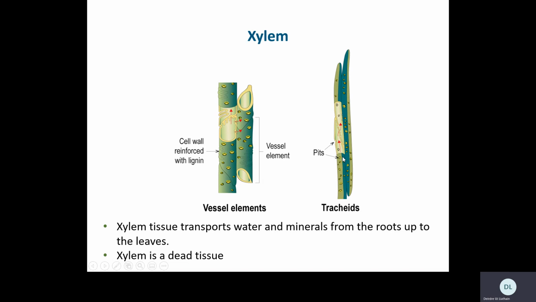In the tracheid you can also see little pits, and a pit is like a side channel where water can go from one tracheid into a neighbouring tracheid. And that's pretty much all you need to know about the tracheid and the xylem vessel.